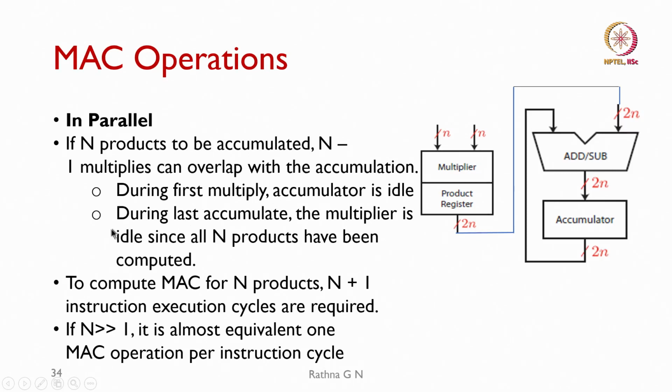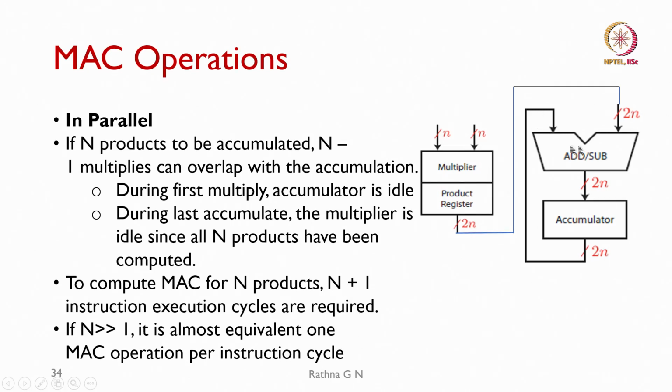From the next clock onwards, we can do the thing in parallel, and in the last clock cycle, because one value is left to be added, this will be adding the last product. So, to compute MAC for n products, we need n plus 1 instruction execution cycles. If n is much greater than 1, it is almost equivalent to 1 MAC operation per instruction cycle, instead of n plus 1.